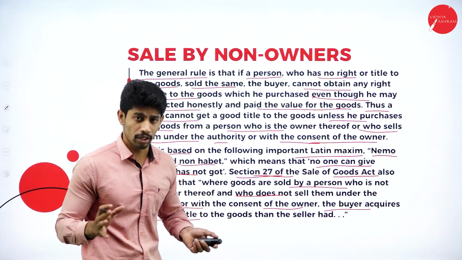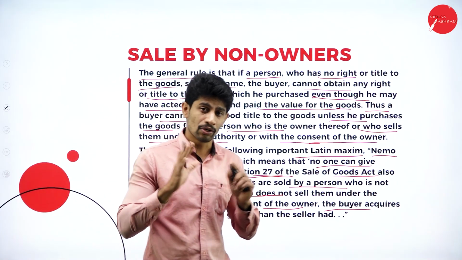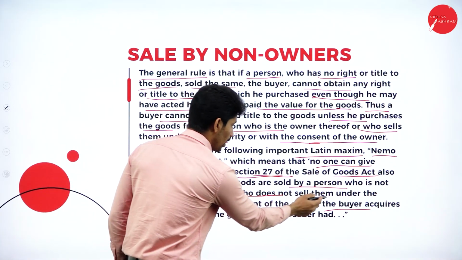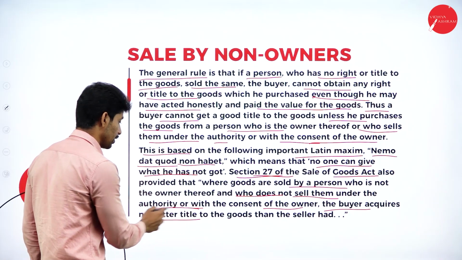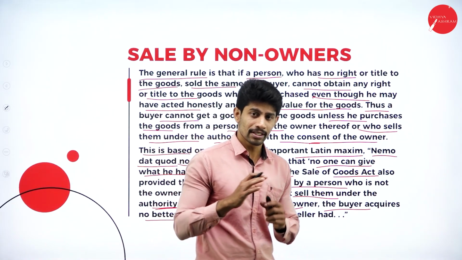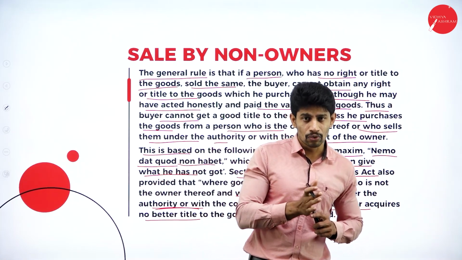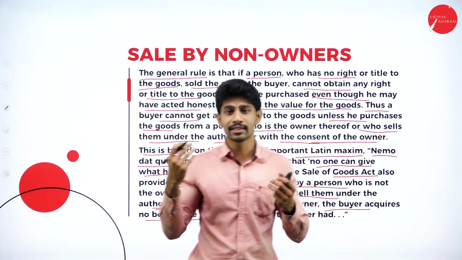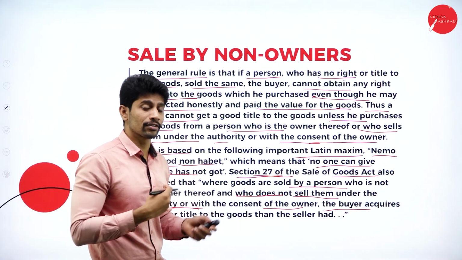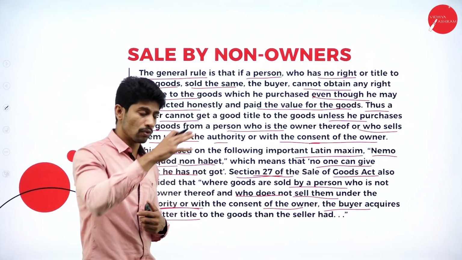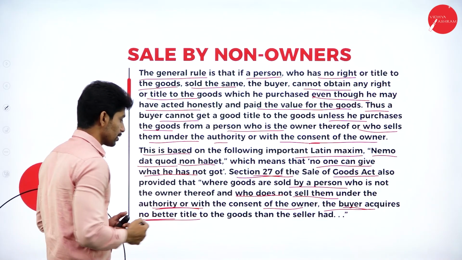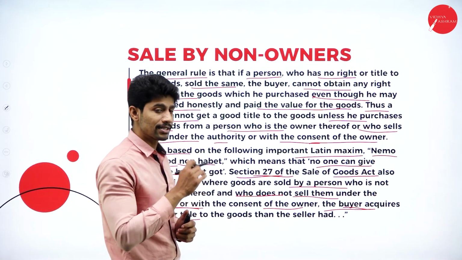If he is not the owner of the product and he sells the goods without the authority or the consent of the owner, the buyer acquires no better title to the goods than the seller.